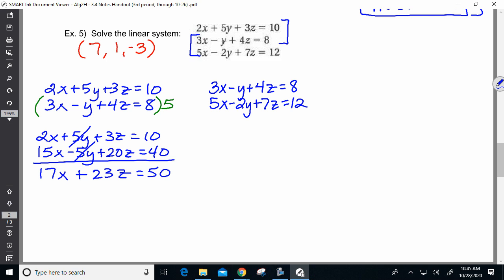So again, we got to get rid of the y's now. We got rid of them from the first two. So the second two, multiply the top equation by -2. Remember, your goal is to force them to be opposite of each other.